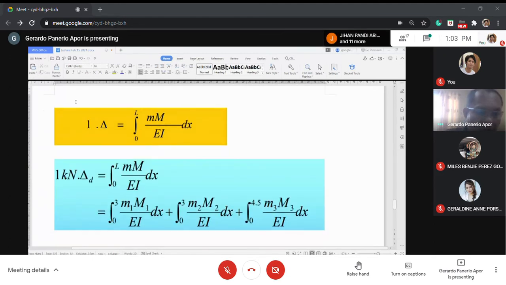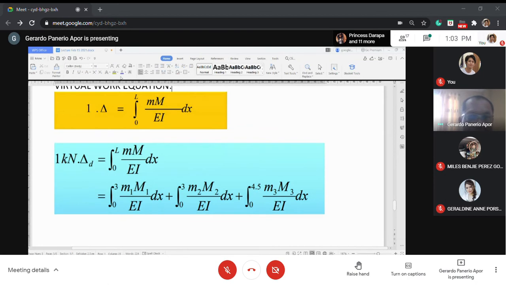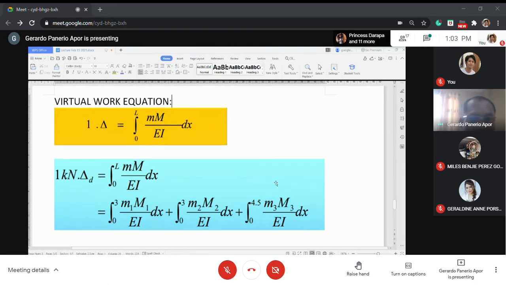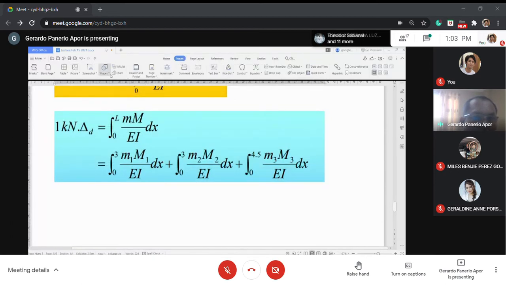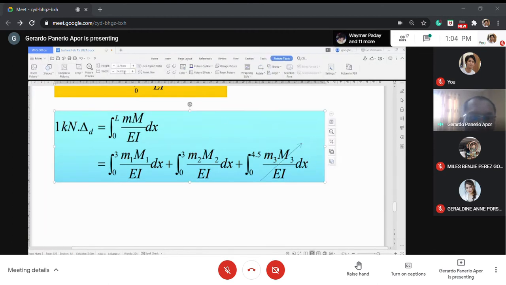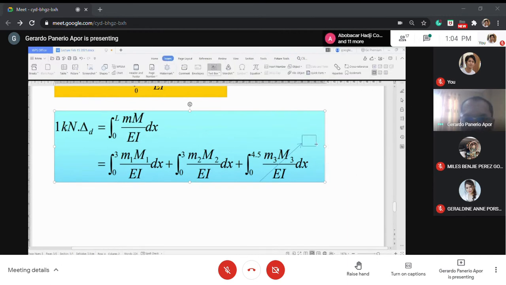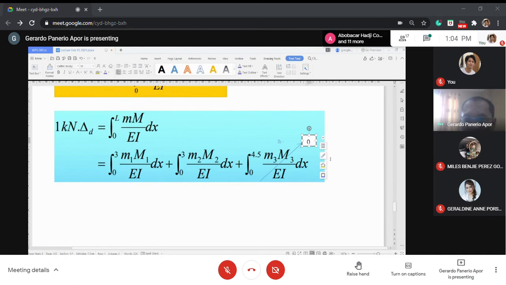We have M1, m1, M2, m2, but since big M3 here is 0, we have to put that as 0. I will insert a tick box there. That will be 0.